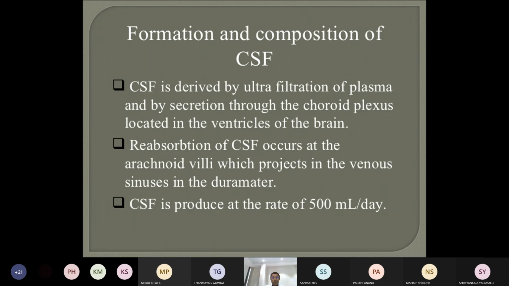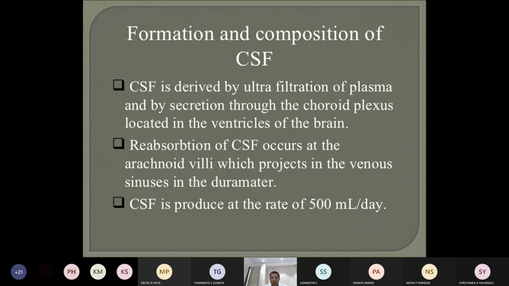The same, you can see the formation and composition of CSF. CSF is derived from ultrafiltration of plasma, as we have already seen, by the two choroid plexuses located in the ventricles of the brain.